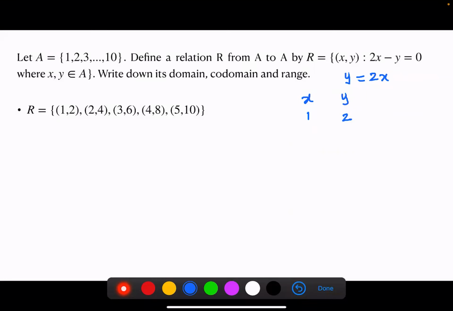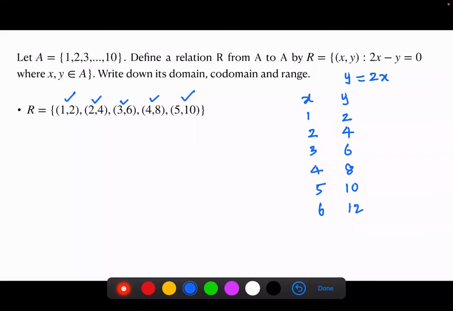So that element is in the set. If x is 2, y becomes 4. If x is 3, y becomes 6. If x is 4, y becomes 8. If x is 5, y is 10. If x is 6, y will become 12.